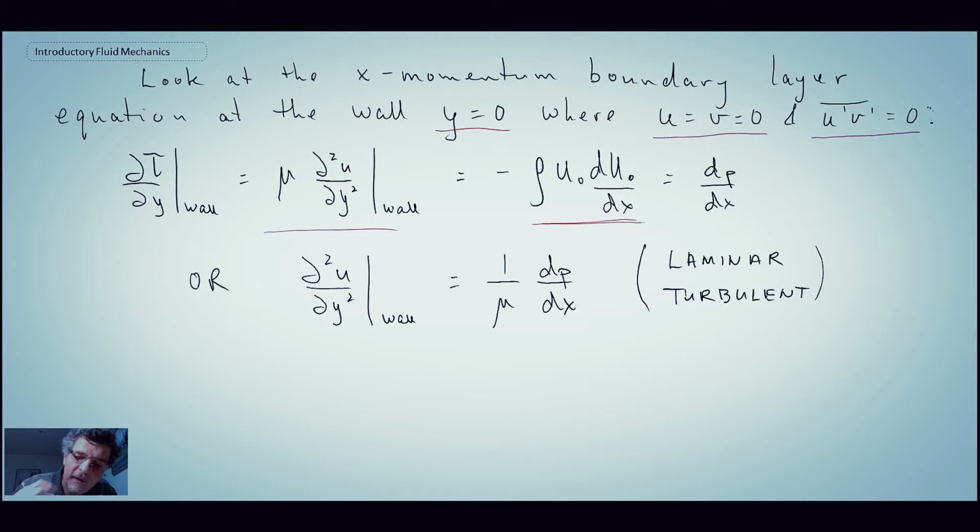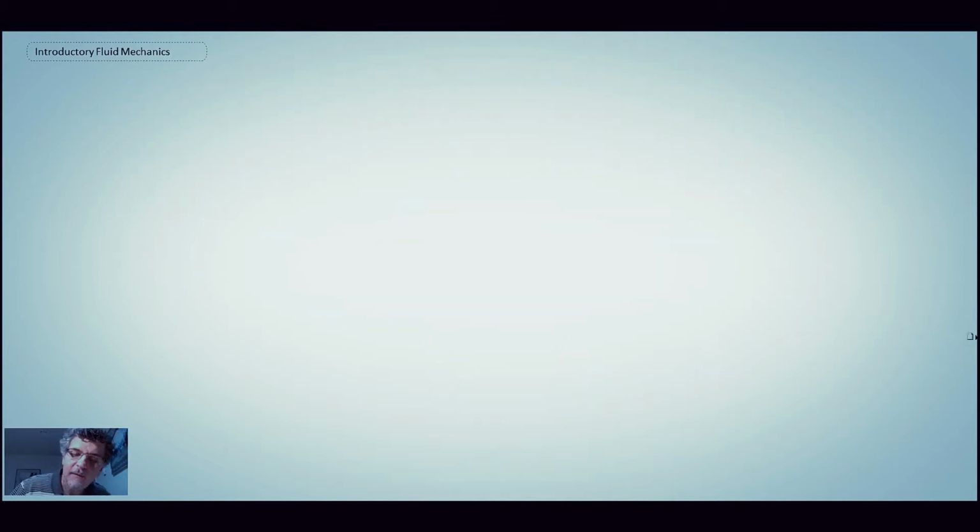So what we're going to do is look at these relationships, and specifically we will be examining the first derivative of velocity with respect to y, as well as the second derivative of velocity with respect to y. And we will be doing this as well as looking at the velocity profile as a function of y and looking at how it changes under different conditions of external pressure gradient. So let's take a look at that.